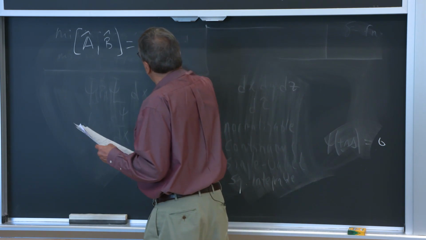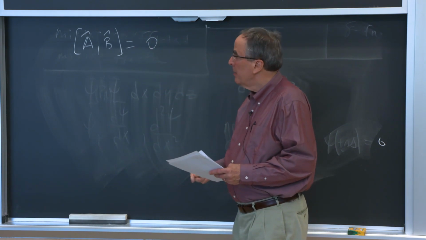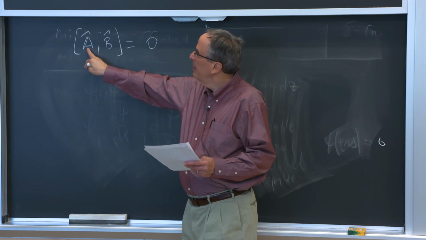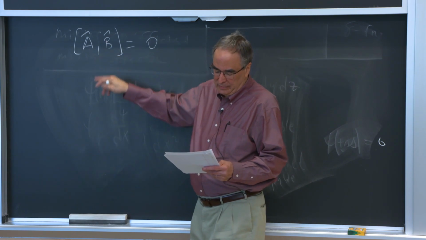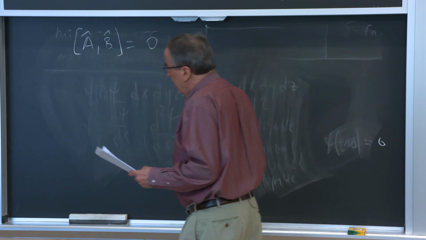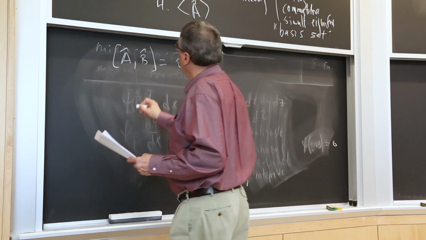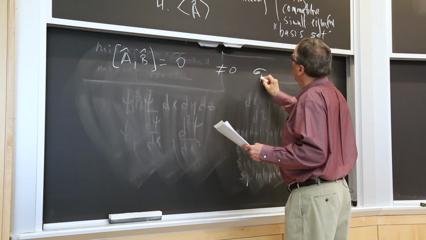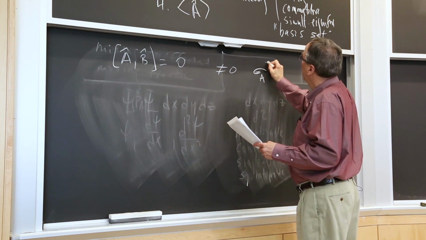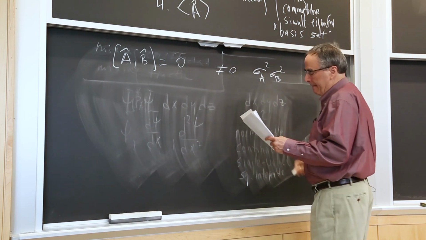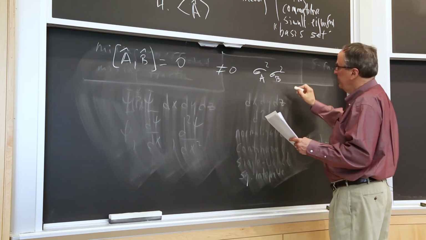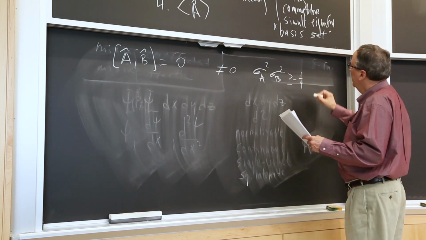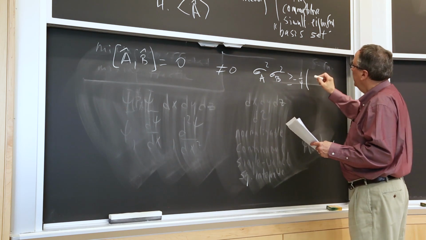If that commutator is 0, then all non-degenerate eigenfunctions of A are eigenfunctions of B. If this is not equal to 0, then we can say something about the variances of A and B. So these quantities are greater than or equal to minus 1/4 times the integral.